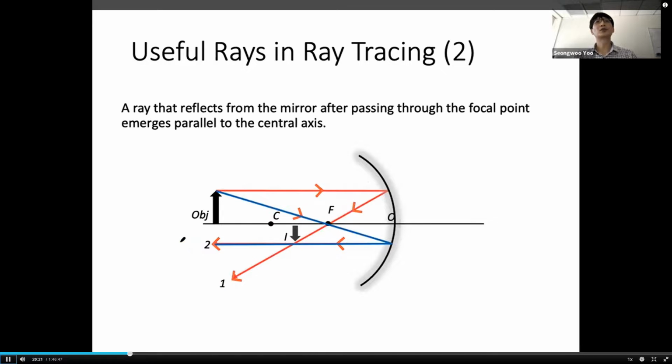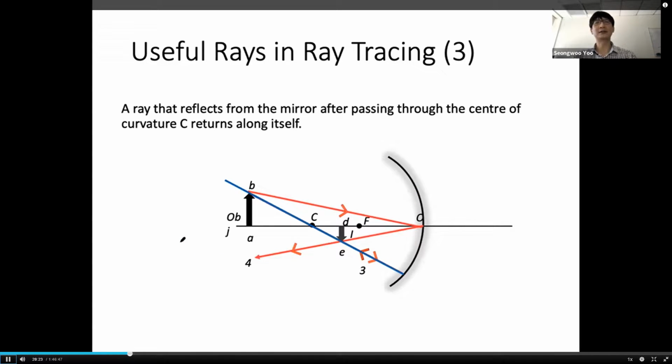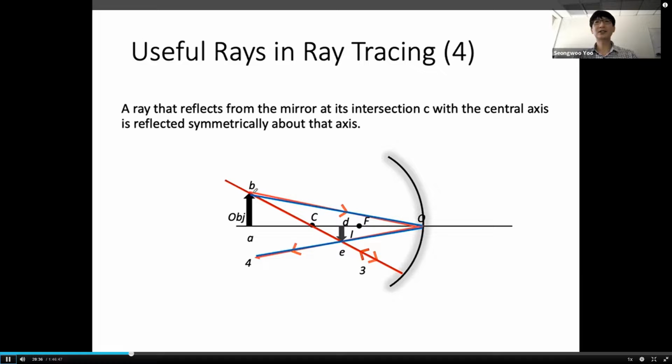So we now know those two rays, and then the third ray: an incident ray through the center of curvature will be reflected along the same path. And finally, an incident ray to the center of the mirror will be reflected symmetrically.